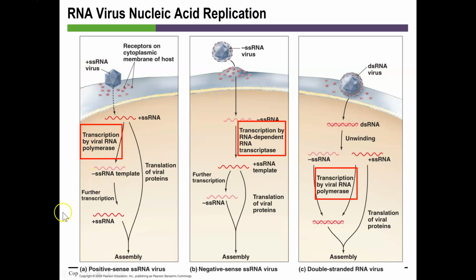You can see that immediately it can be translated into protein. Then you also make a complement of it as a negative sense RNA template that then goes through another complement to make positive sense again. The negative sense is serving as the template to make more of the viral genome.